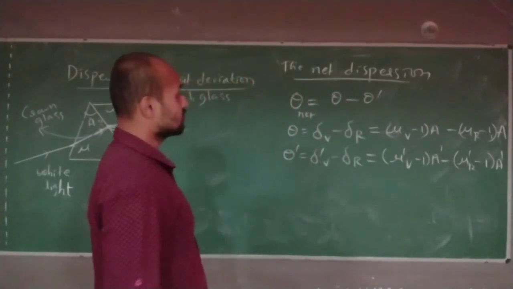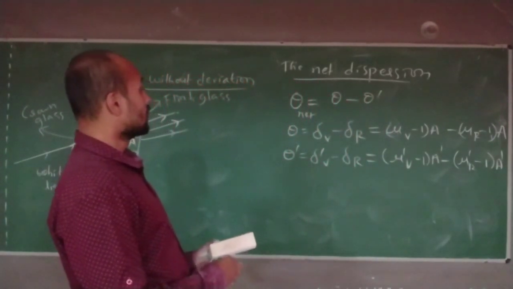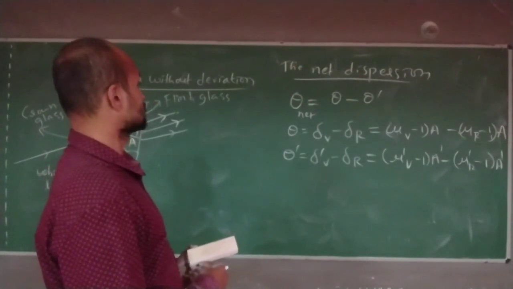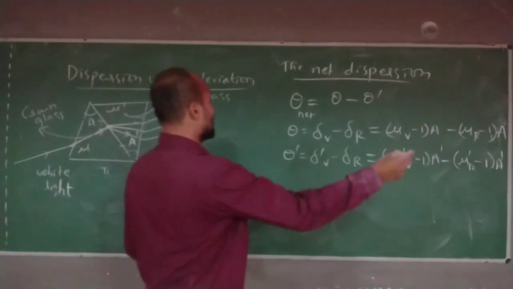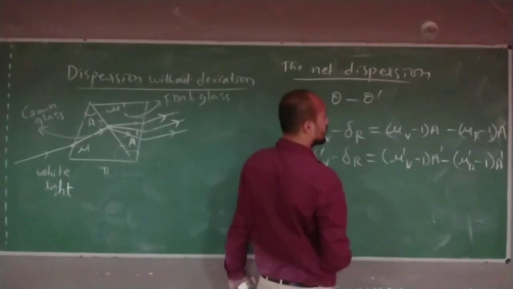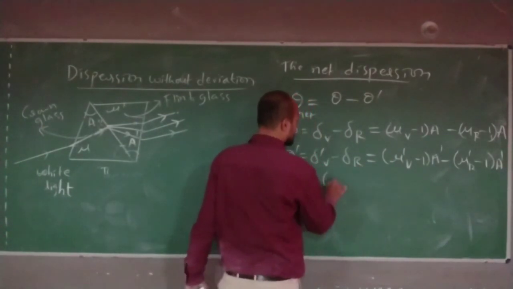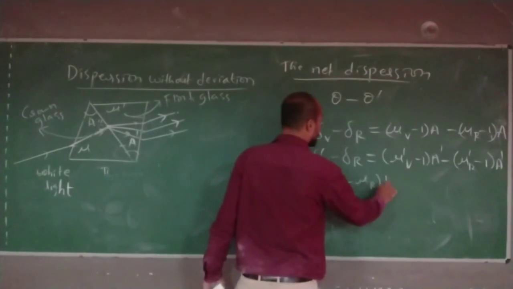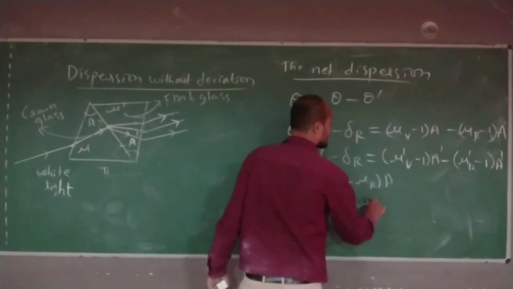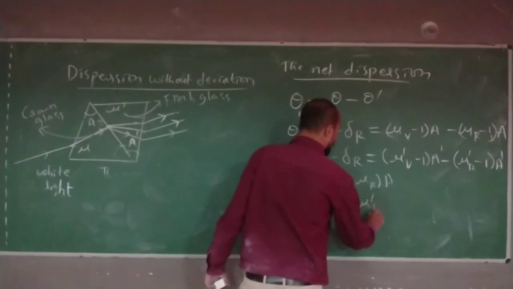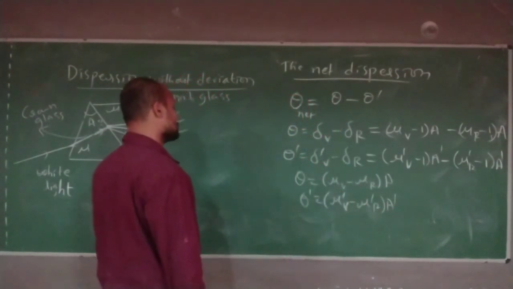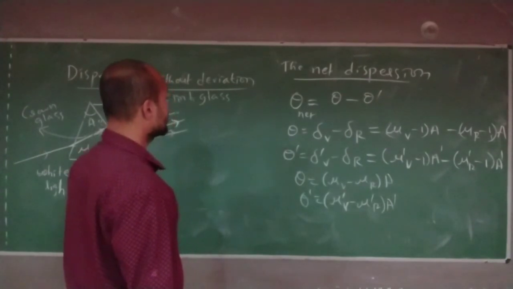Correct? Yes or no? So if you solve them, theta you are going to get is (mu v minus mu r) into A. Theta dash you are going to get is (mu dash v minus mu dash r) into A dash.